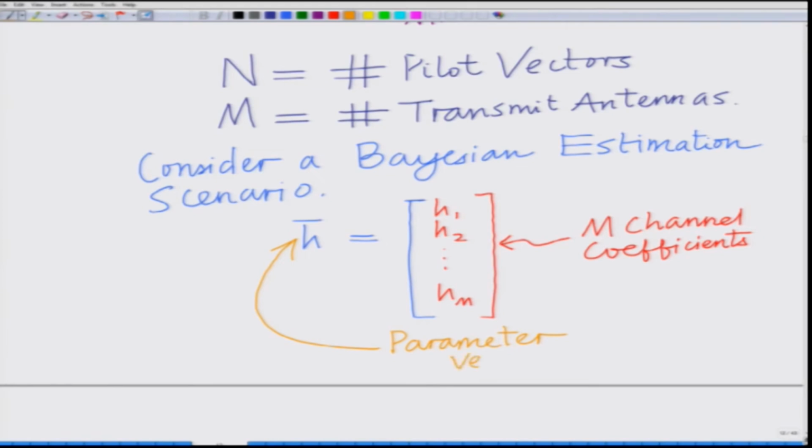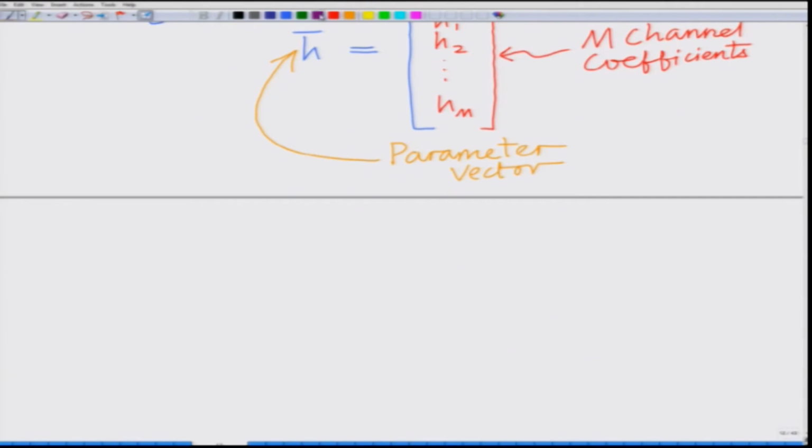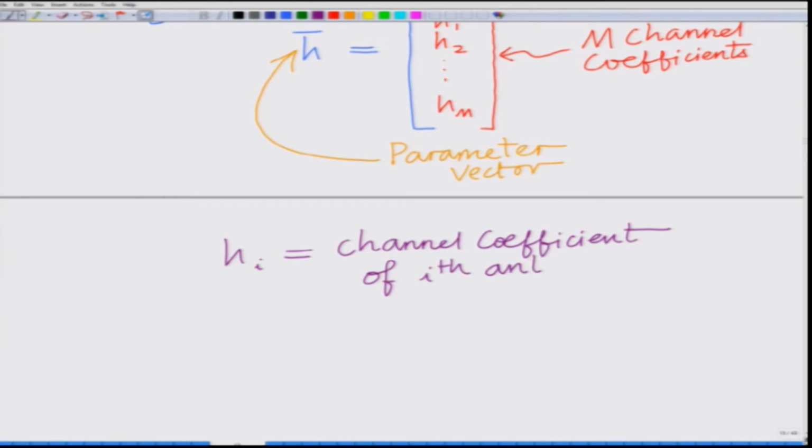We are considering the estimation of a vector parameter, and hi is the channel coefficient corresponding to the ith antenna.